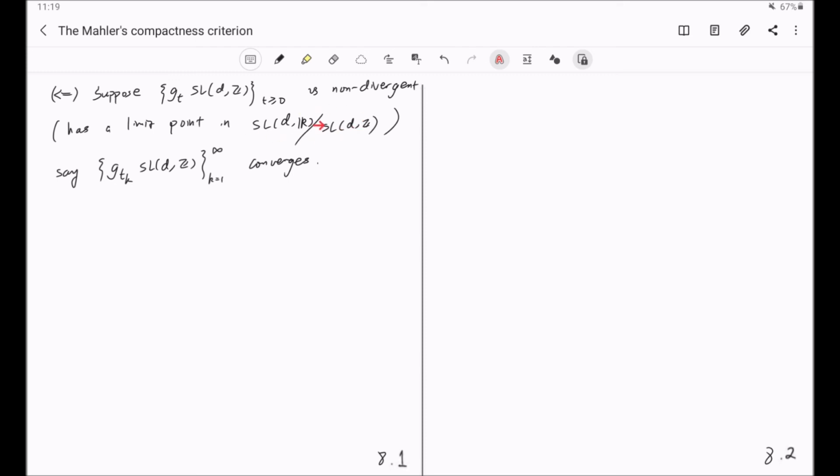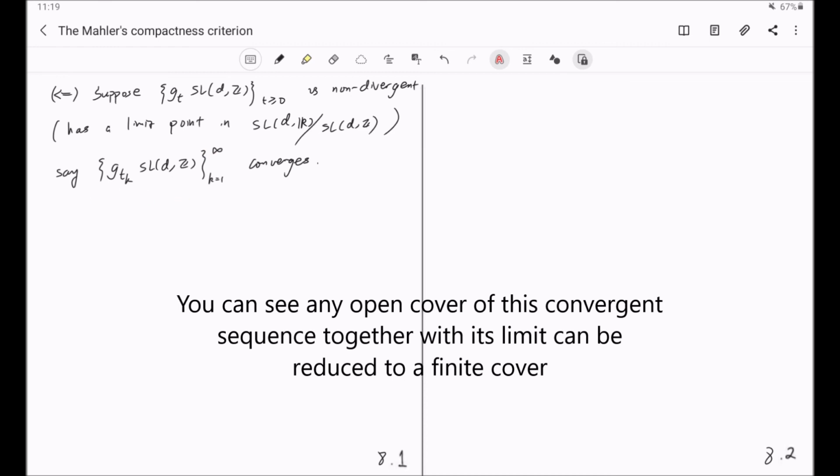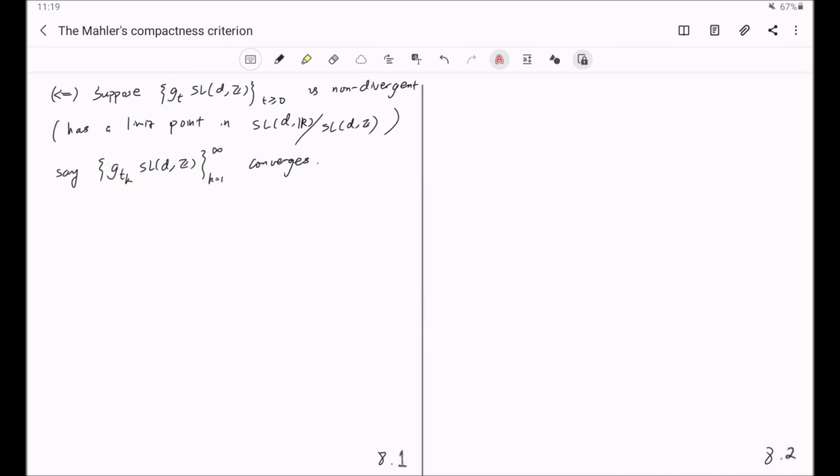Since this space is Hausdorff, the limit must be unique, and that neighborhood must contain all but finitely many elements in the sequence. So the sequence union its limit must be a compact subset of this space, which means the sequence must be precompact.